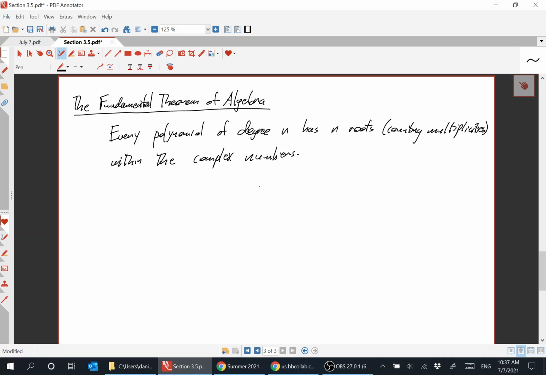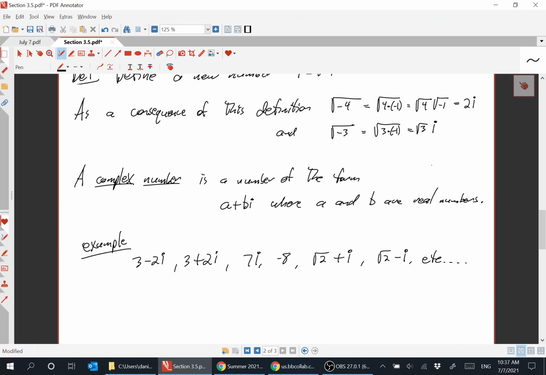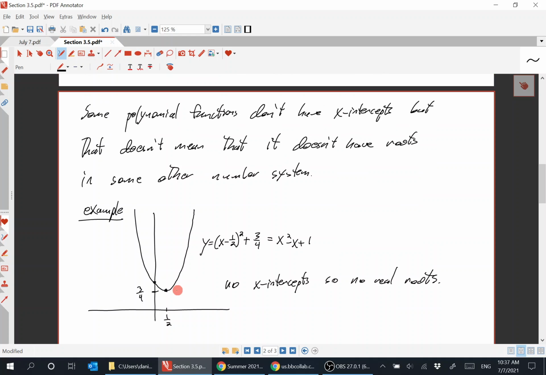For real numbers, that's totally not true. A polynomial of degree 7 can have 0 roots. No, I'm sorry, that one has to have one. A polynomial of degree 8 could have 0 roots, or this polynomial of degree 2 doesn't have any roots. The fundamental theorem of algebra says it has 2 roots, counting multiplicities.